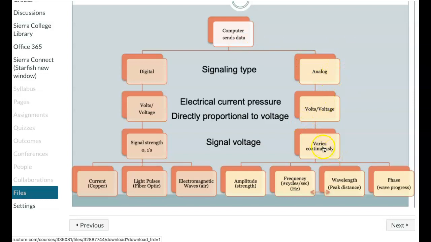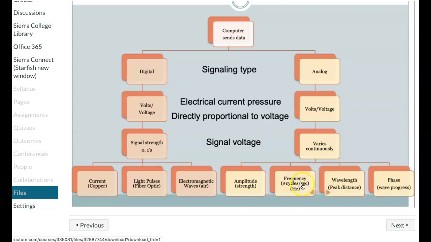Copper, light pulses, and electromagnetic waves can still be signaled as zeros and ones, but on the analog side we have amplitude, which is the strength of the signal. Frequency is the cycles per second, and that is inversely related to wavelength, the peak distance.